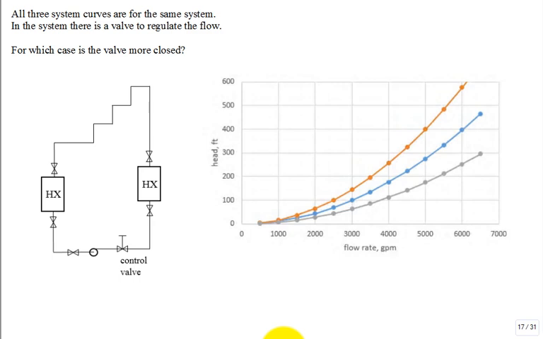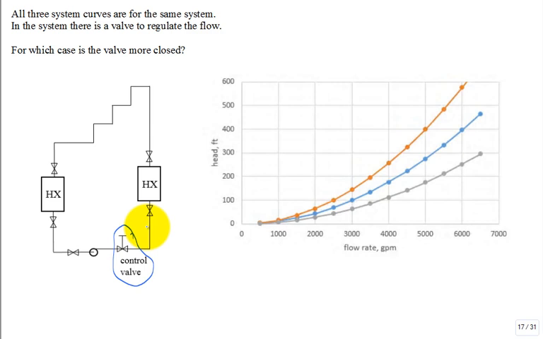So what happens now if I put a valve in here and I use that valve not just like an isolation valve, which means it's open always when the system's running, fully open, but then I use it as a control valve, which means I don't want that much flow, and so I'm just going to turn that valve and close it down some.